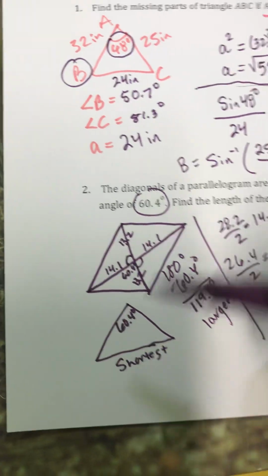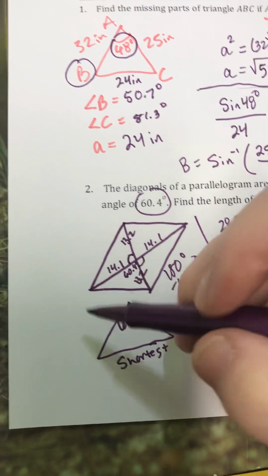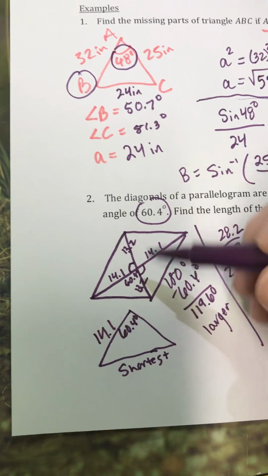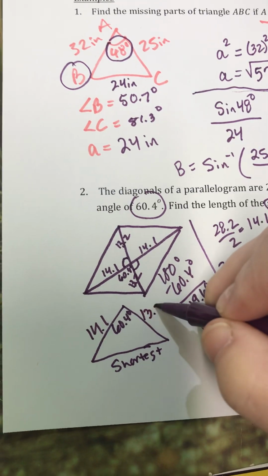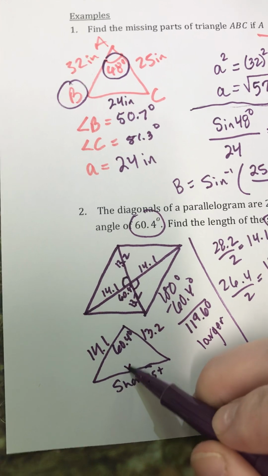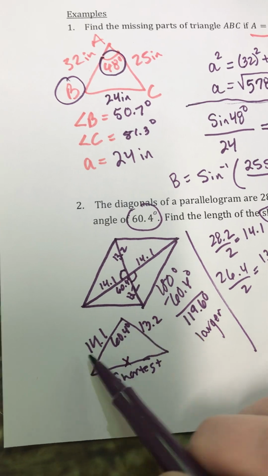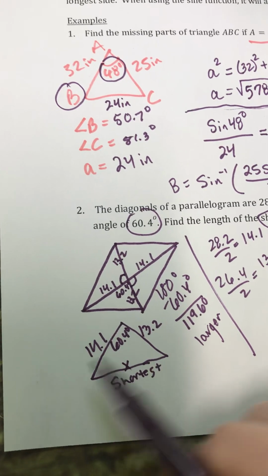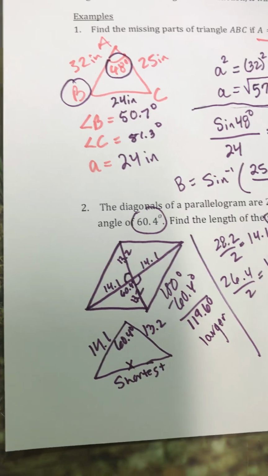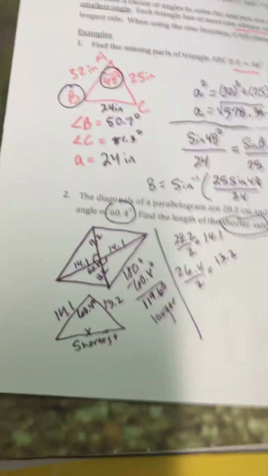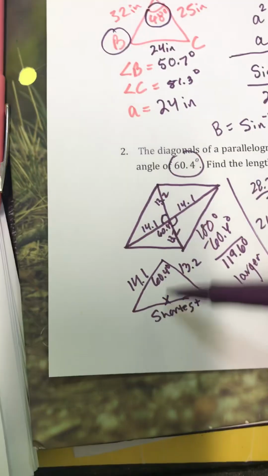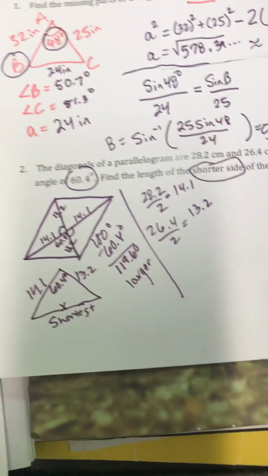On one side of the angle will be 14.1, and the other side will be 13.2. Since we're looking for the other side, it does not matter which one these are on, but that this angle is being used. All right, can't use law of sines because I don't have a pair. So here we go.